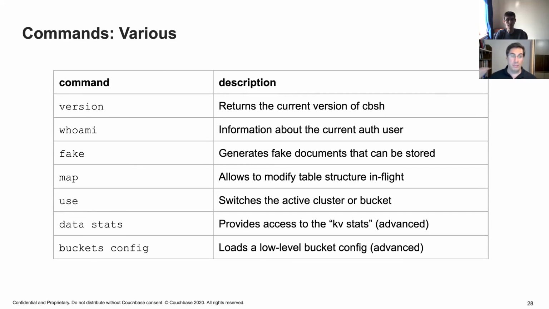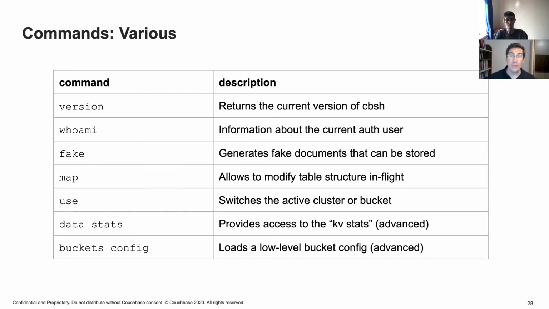You can generate fake data. You can transform data with map. The use command allows you to switch clusters and shows you what active cluster you're working on. And then we have advanced commands like datastats, which gives you low-level access to the key value service datastats. Again, an advanced command, as well as the buckets config command, which gives you access to the low-level bucket config.